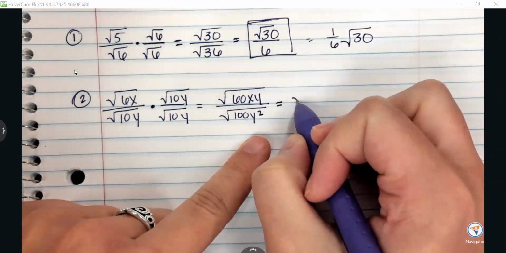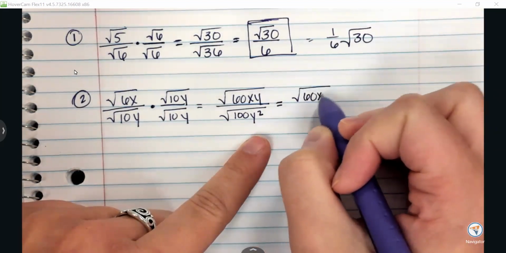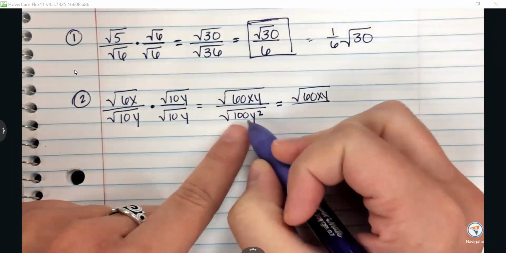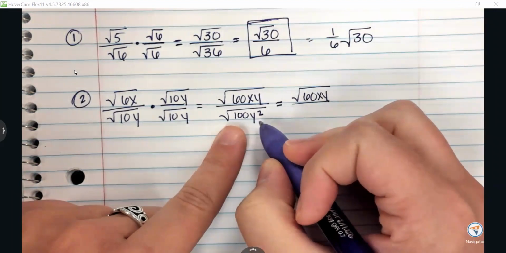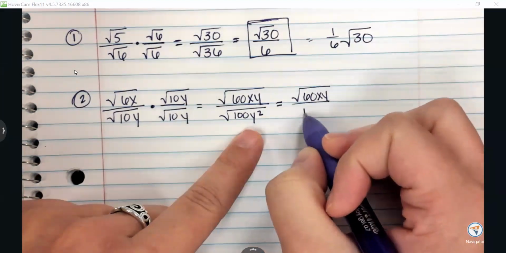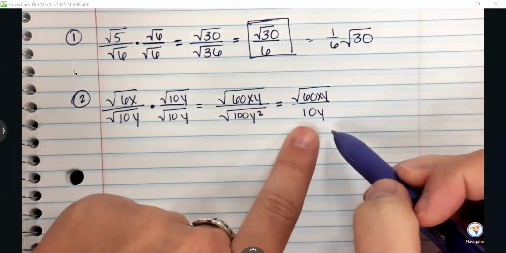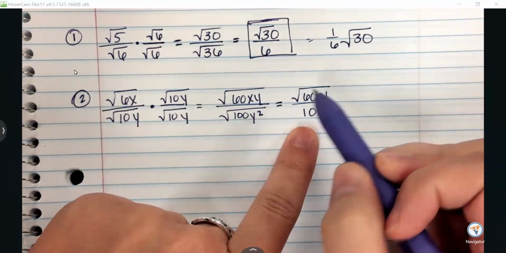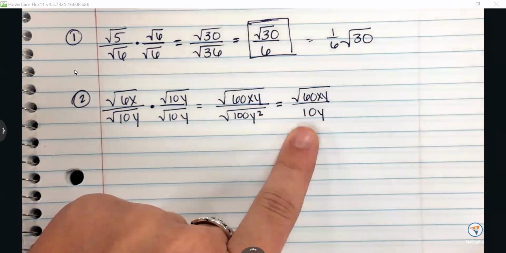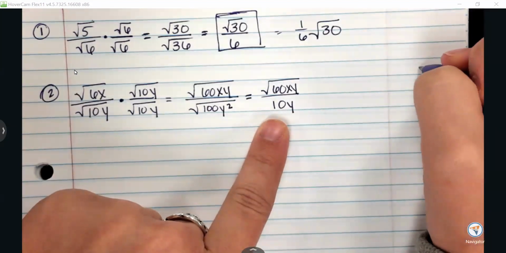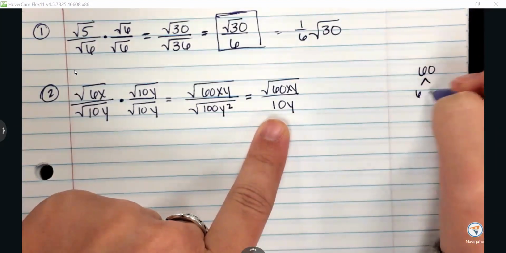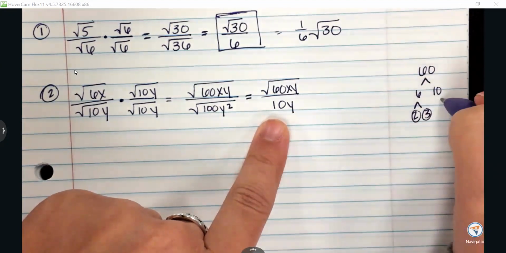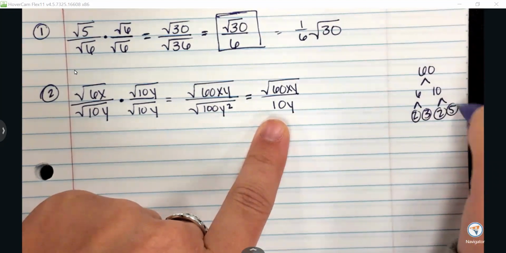So at the top I have square root of 60xy over, what is the square root of 100? 10, and what's the square root of y squared? y. Now, you have to go simplify square root of 60. So if you need to do that on the side of your paper, then do that. 60 can break down into 6 and 10, 2 and 3, 10 can break down into 2 and 5.